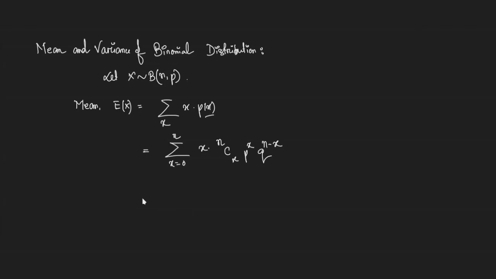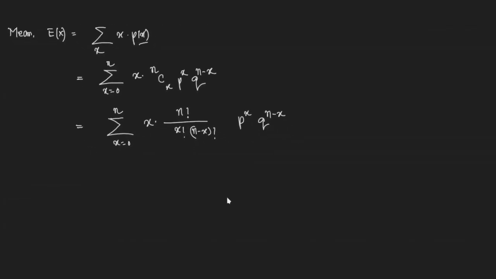So this equals the summation, x from 0 to n, of x times nCx, which can be written as n factorial over x factorial times n minus x factorial, times p to the power x q to the power n minus x.